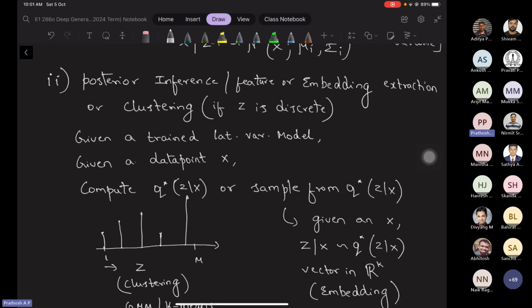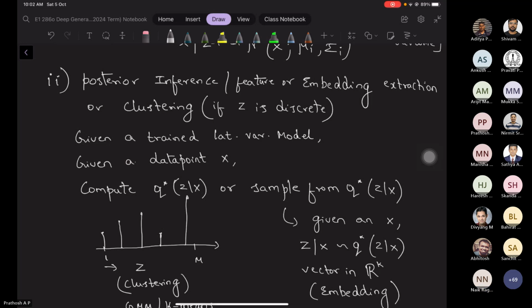But as we will see in a VAE, Q is modeled, so you will get an entire distribution over Z. Typically, when people say embedding extraction, it's always a sample from Q, not an entire distribution. I just wanted to make this distinction: if Z is discrete, then given an X, you get an entire distribution over Z. But when Z is continuous, typically you get a sample from Q star, not an entire distribution.